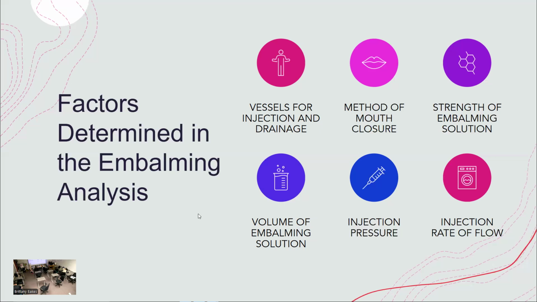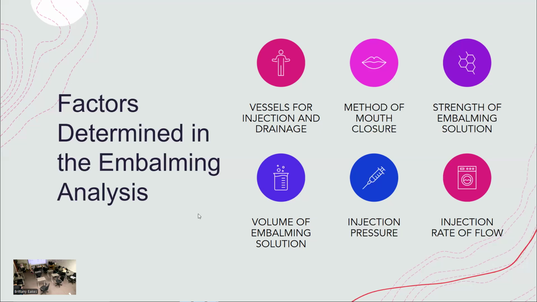You don't want to raise your rate of flow because you don't want any swelling, but with an older body, you could address arteriosclerosis. So you want to cut your injection pressure up for that. And the rate of flow as well.